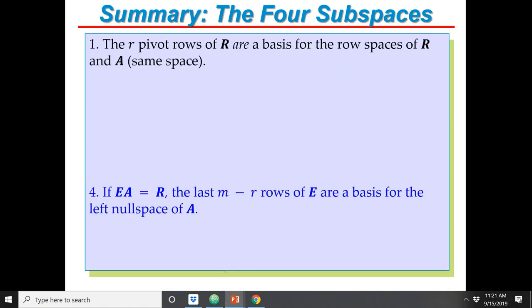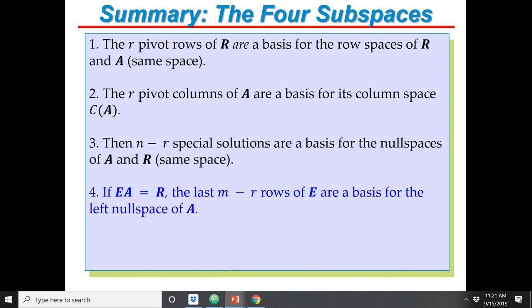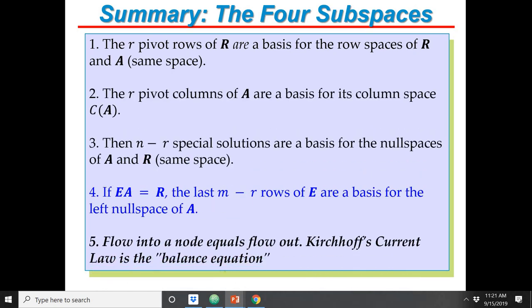Okay, so we discussed the 4 fundamental subspaces. Let me just summarize all of them. We produce this row-reduced echelon matrix R. We identify the R pivot columns, and we said the R pivot rows of R will form the basis of the row space of R and of A. They both have the same row space, since the row space doesn't change when we do operations.